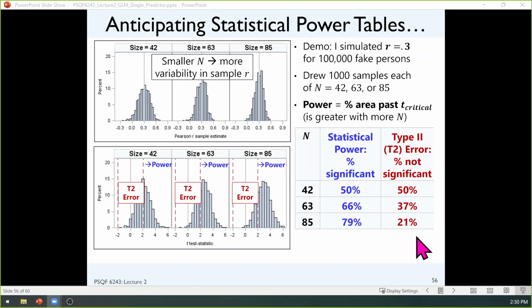A type 2 error rate, a whoops, I missed it, should have called it significant but I didn't, of 20%. And a yep, I found it, it's there, of 80%. So we are told to aim for 80% I will find it if it's there, 20% I will not find it if it's there.